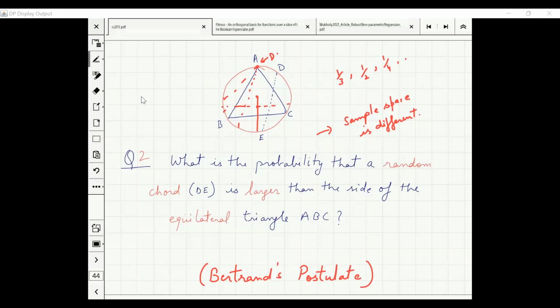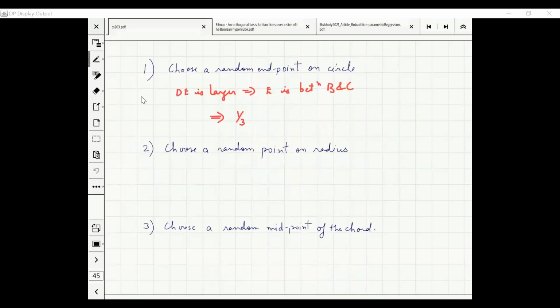By doing some simple geometry, where should my midpoint lie? If I call the midpoint F, then the midpoint of the chord should lie between O and F.